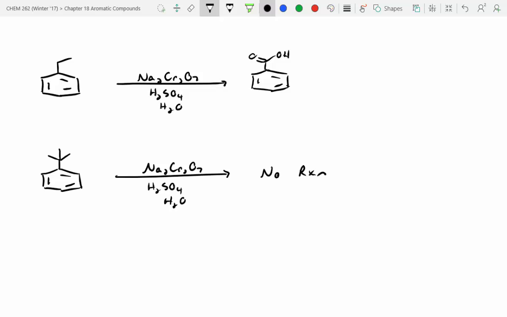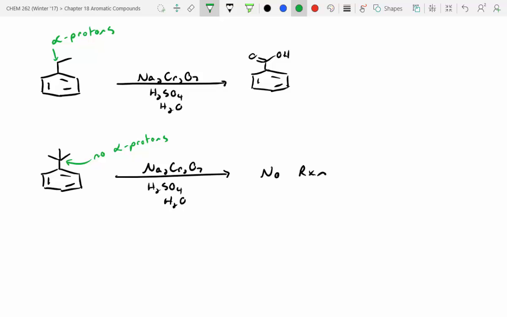You have to have alpha protons, right? So in this case, you've got these alpha protons, which means that this will work. This one has no alpha protons. What kind of reactions though? These are still just oxidation reactions, but we're not going to get into the mechanisms behind them.